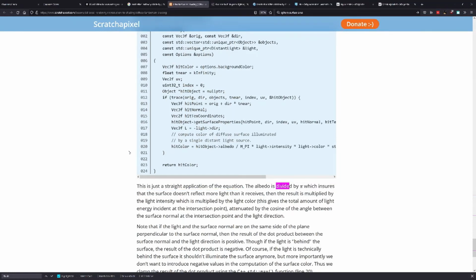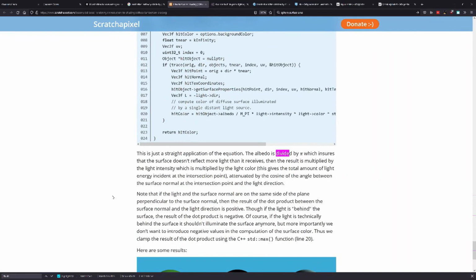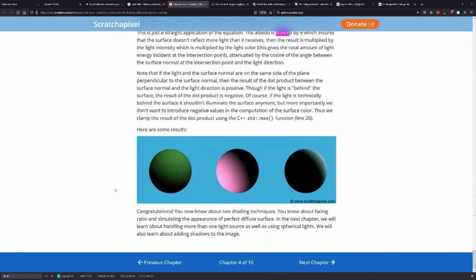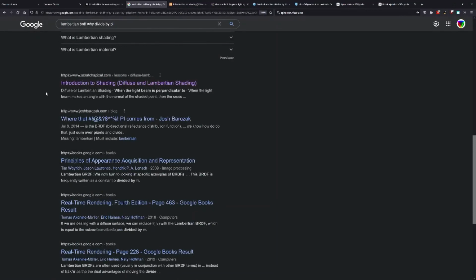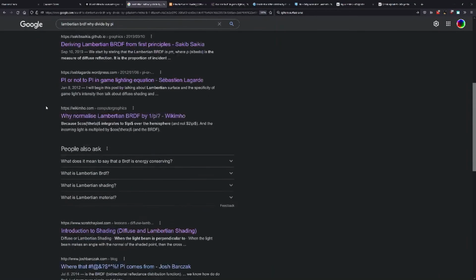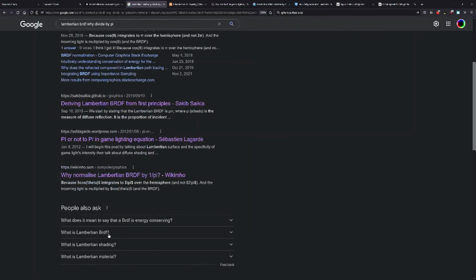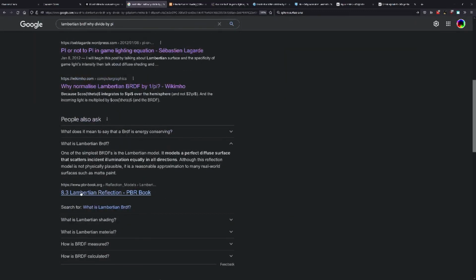It's definitely an approximation, because there are BRDFs that do a more precise diffuse and do way more calculations. I forgot the name, but there's another one. It does way more than just divide by pi, but it's way more expensive, and the result is really not that different. You talked about that last week, but I forgot the name.